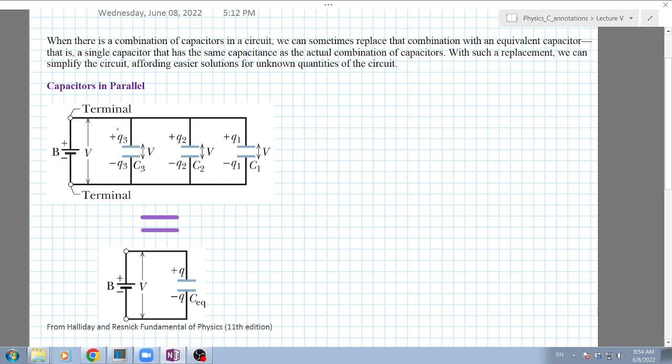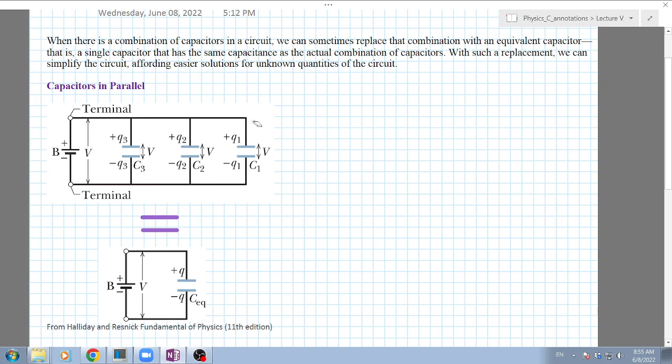For these kinds of circuits, like you can see here, you have three capacitors that are subjected to a voltage V. Capacitor 3, capacitor 2, and capacitor 1 are subjected to the same potential difference, the same voltage V. They're exactly the same.